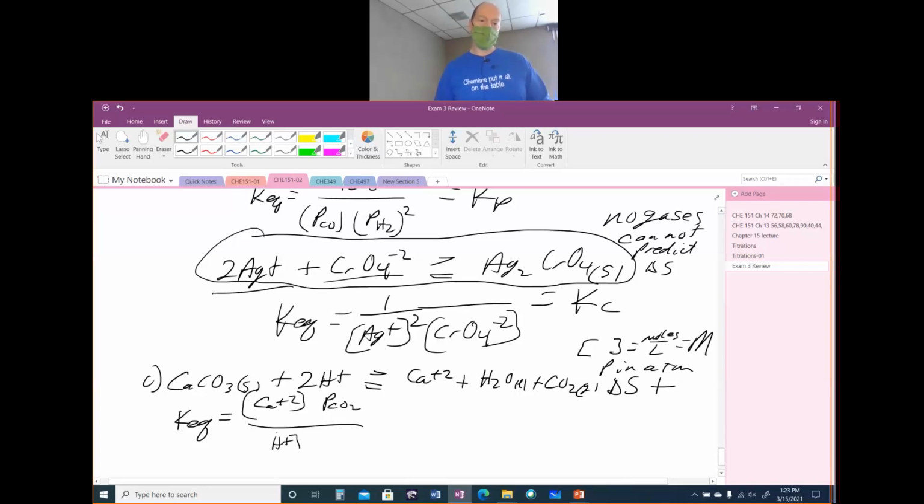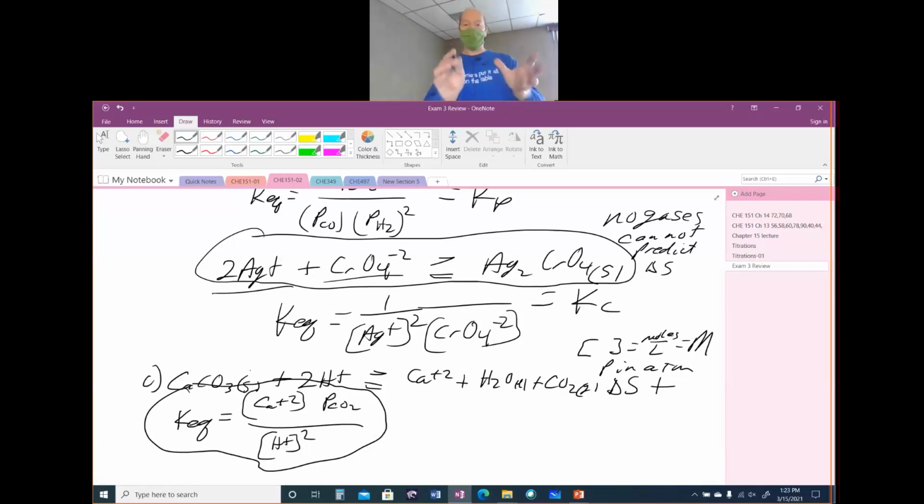This is only Keq. It is not Kp because everything is not in pressure, and it's not Kc because everything is not in concentration. So this is simply a Keq, where gases and aqueous species are in the same reaction.